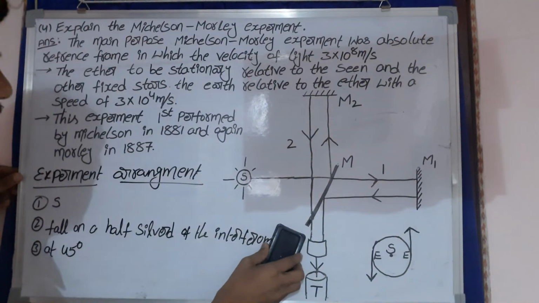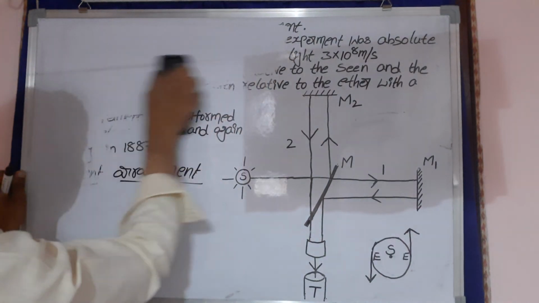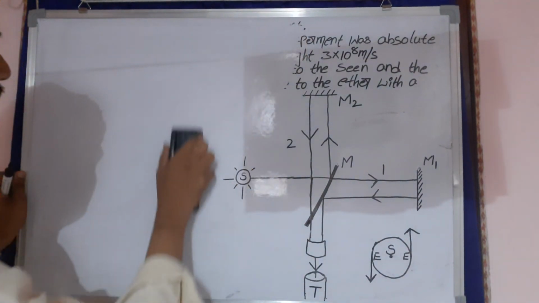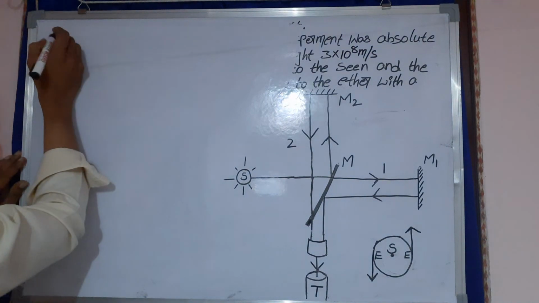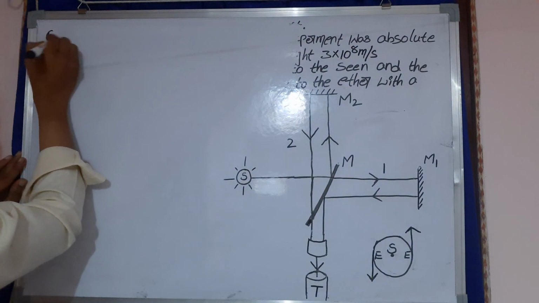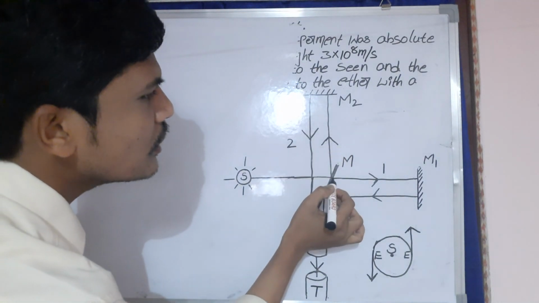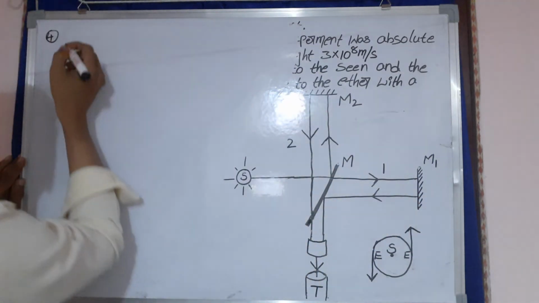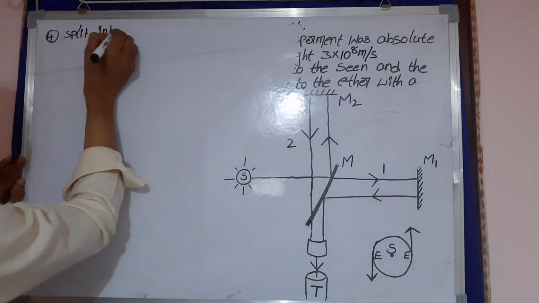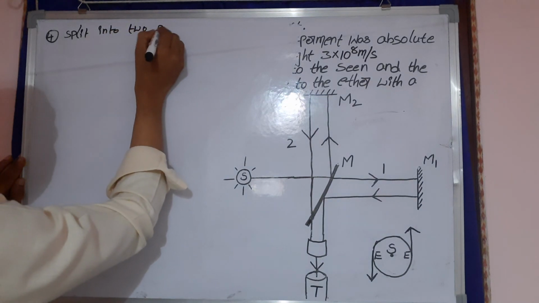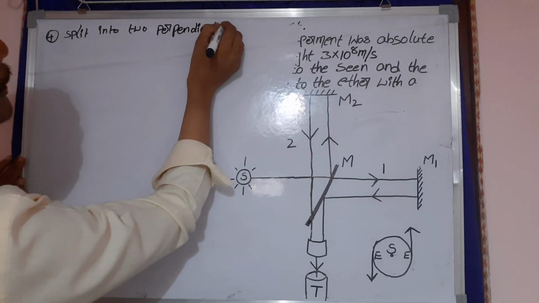Next point, the fourth point: the beam of light incident on the mirror is split into two perpendicular beams.